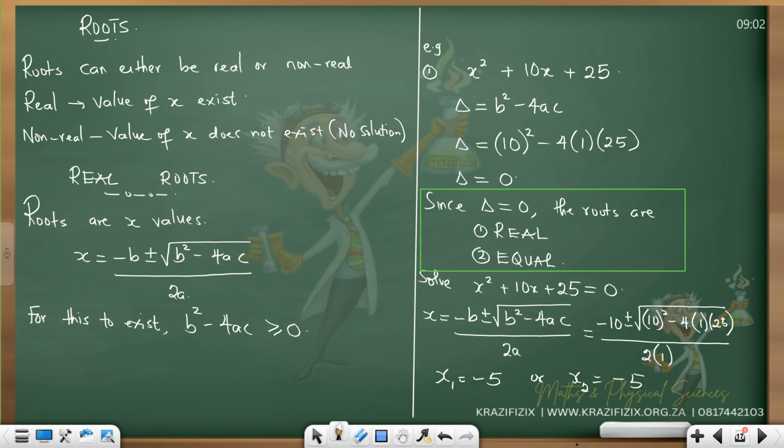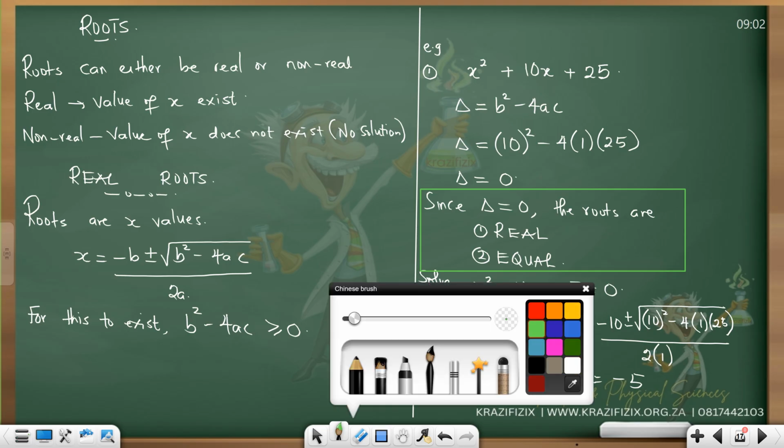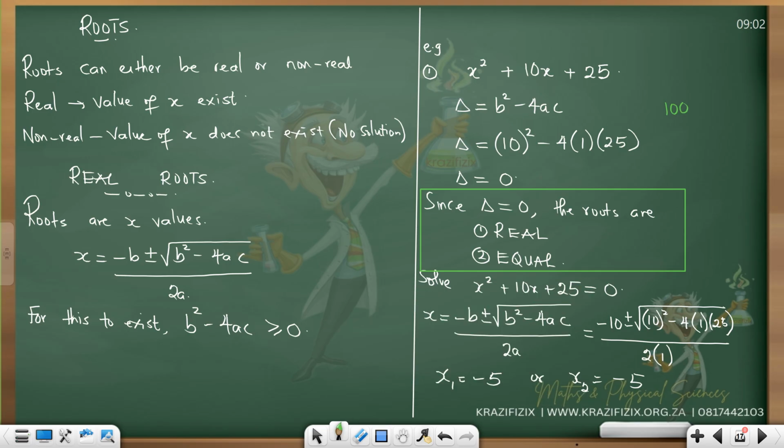What did you press on your calculator? 10 squared is what again? 100. Okay. What is minus 4 times 1? Minus 4. Times 25? It's minus 100. So what is 100 minus 100? Oh, I did 1 by 1, minus 4 multiplied by minus 1 by 1. Okay, so are you good now? Yeah, I'm good, thank you. Okay, all right.